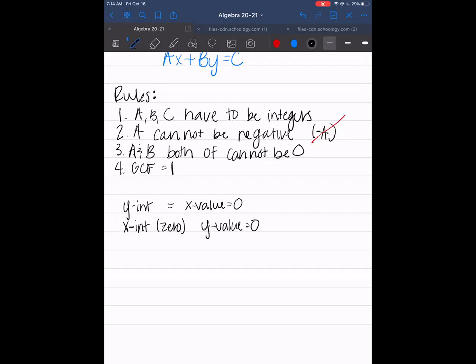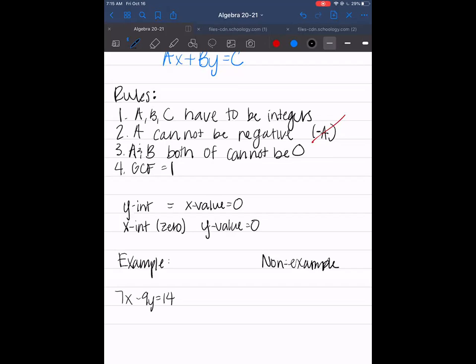But I want to give you some examples and non-examples. An example would be something like 7x minus 9y equals 14.